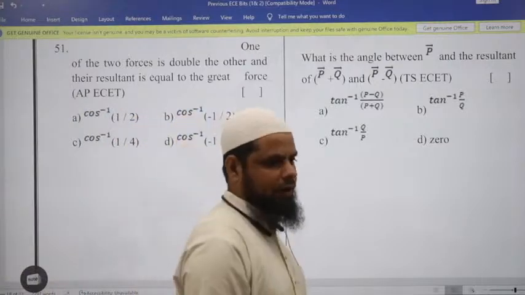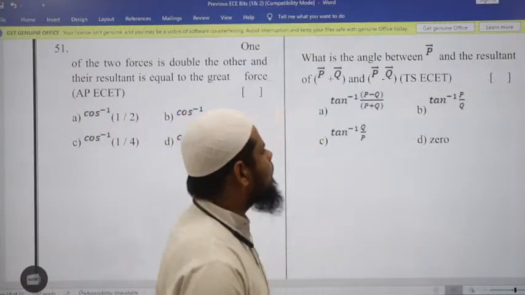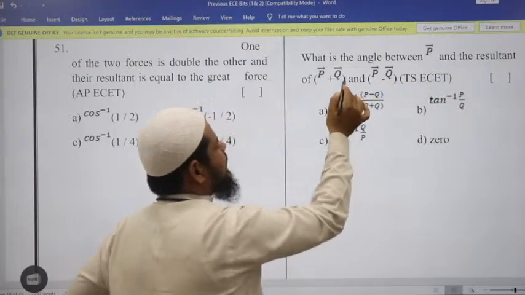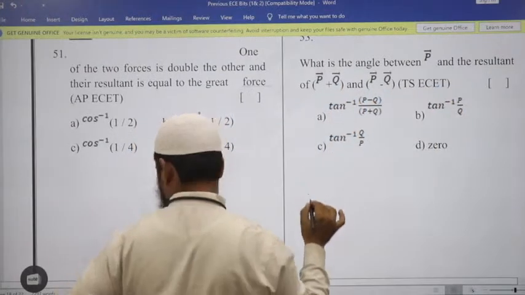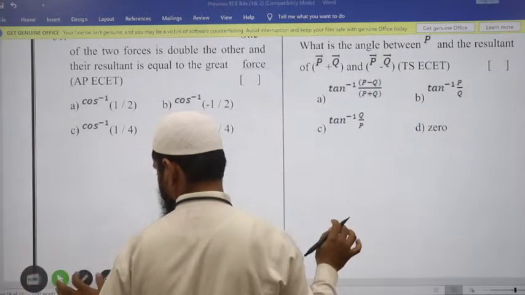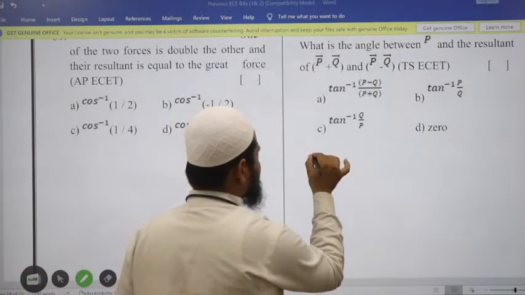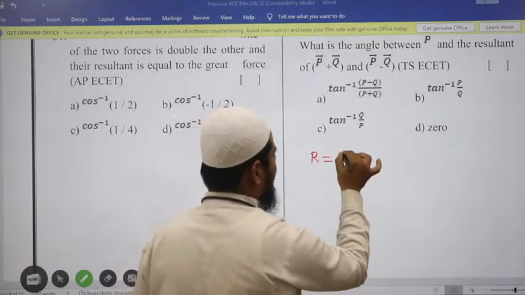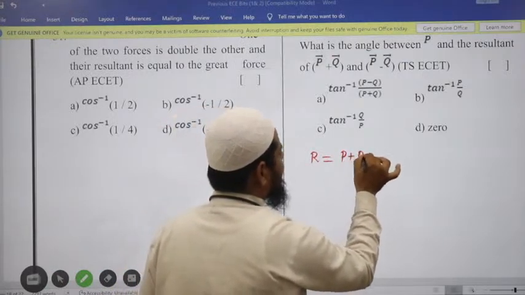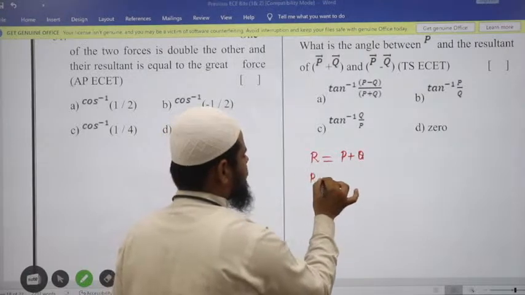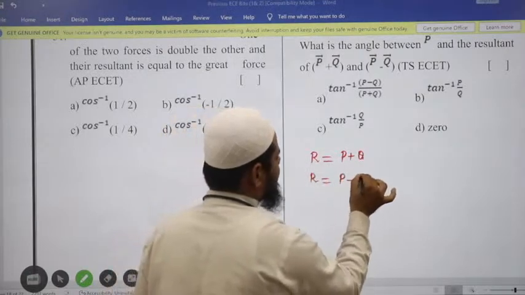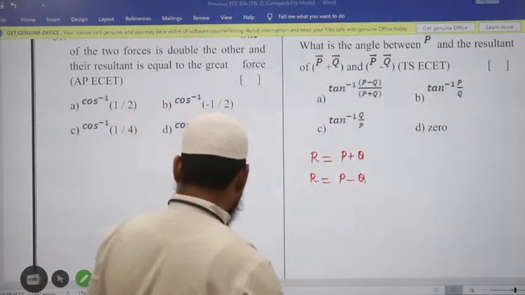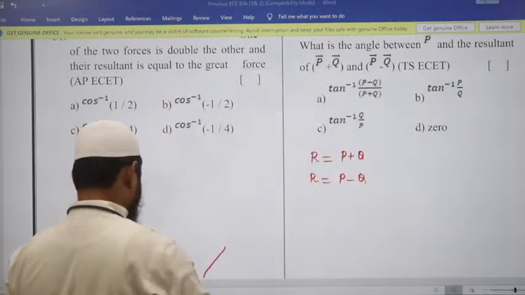Yes, fine. Back again. Here, what is the angle between P and the resultant of P plus Q? So we are talking about the resultant here. Now the resultant R, as I told you earlier, may be P plus Q and P minus Q. Here, with these two, he is taking the resultant.